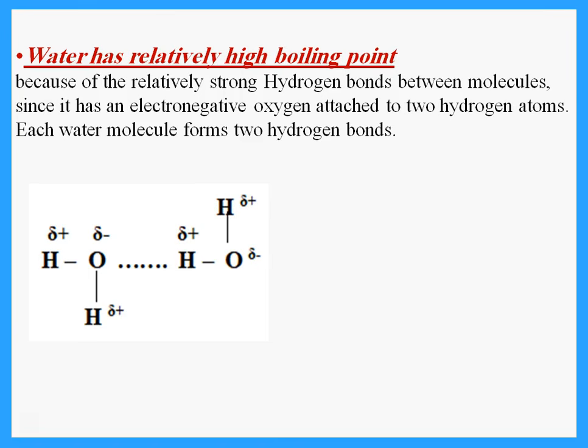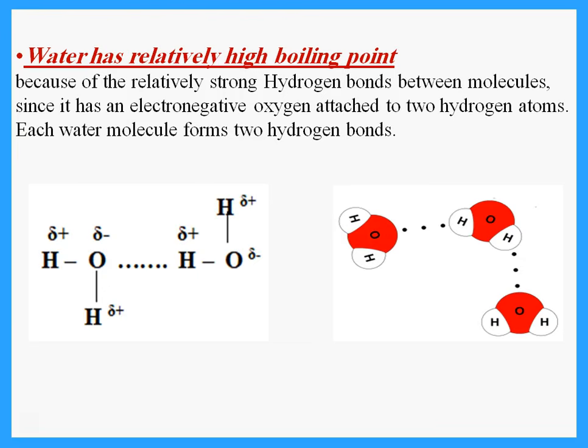Remember that all of these molecules also have London dispersion forces, which are weak. This is a polar molecule, so it will also have permanent dipoles, plus it can form hydrogen bonds, which are the strongest of these three. So this needs more energy to break the molecules away from each other.